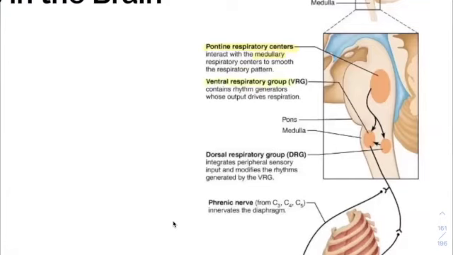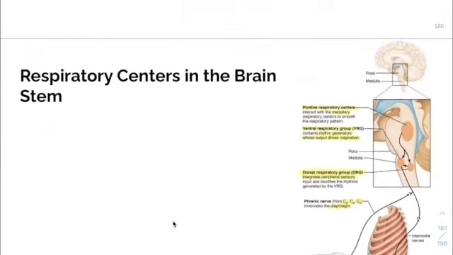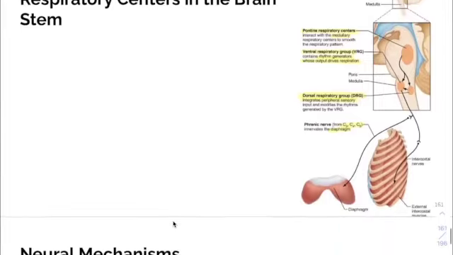The ventral group has rhythmic generators whose output drives respiration. The dorsal group integrates peripheral sensory input. And then that phrenic nerve, as I said, C3, C4, C5, innervates that diaphragm. C3, 4, 5 keeps you alive.